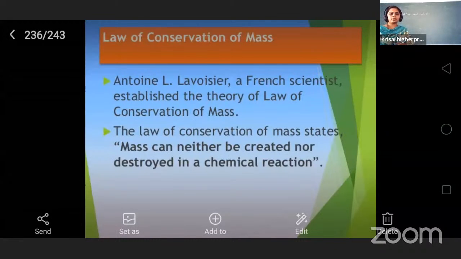For example, hydrogen. What is the atomic number of hydrogen? 1. What is the atomic number of oxygen? 8. Okay.